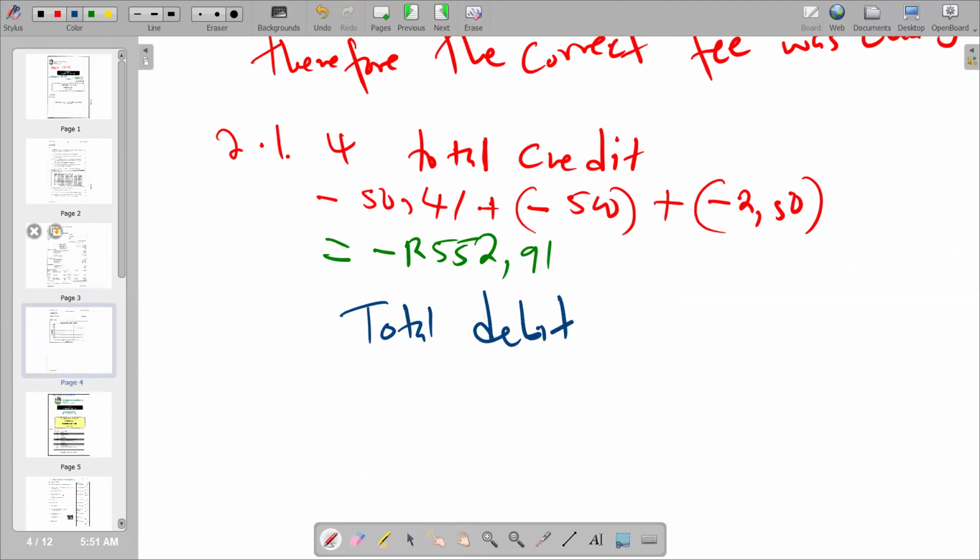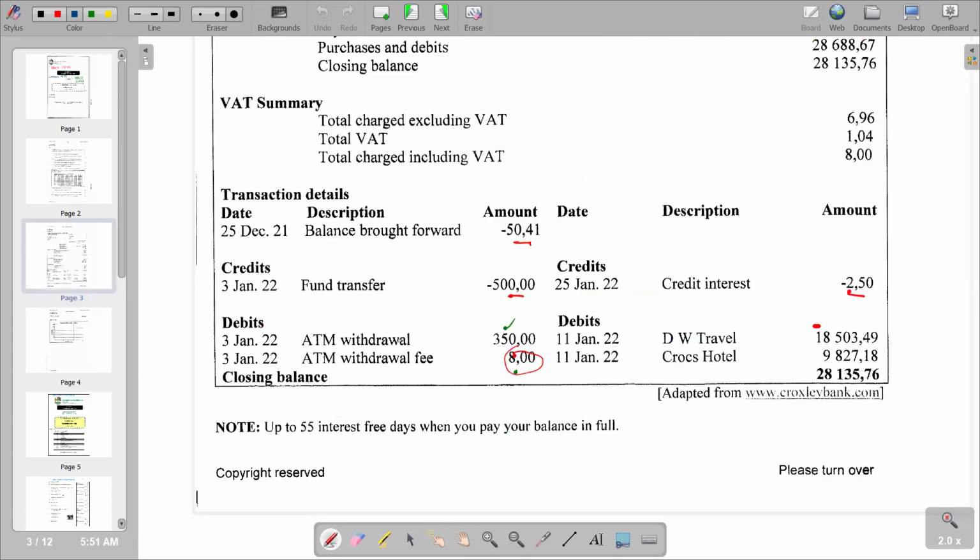For total debits, we refer to our statement. For debits, we have 350. We also have 8 rands. We also have 18,503.49, and you've got 9,827 rands 18 cents.